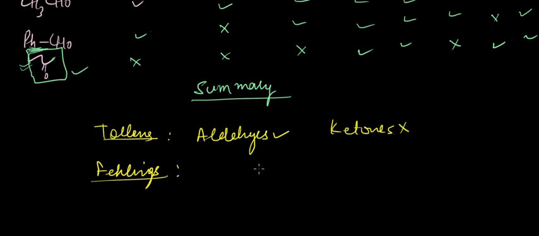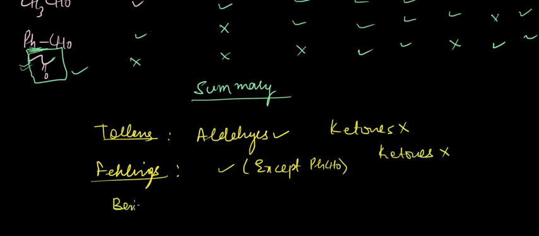Fehling gives test for all aldehydes except benzaldehyde, or PhCHO. And for ketones again it does not give. Okay, for Benedict, same as Tollens.